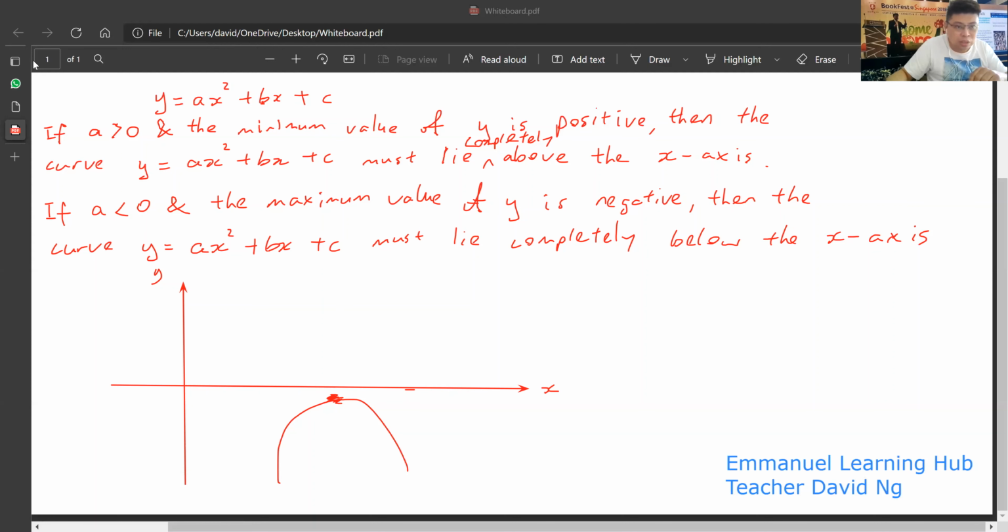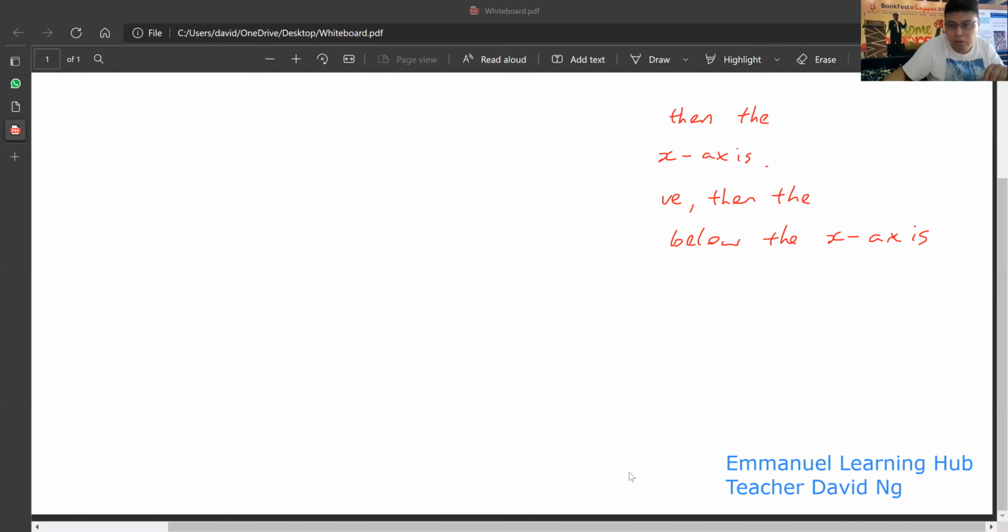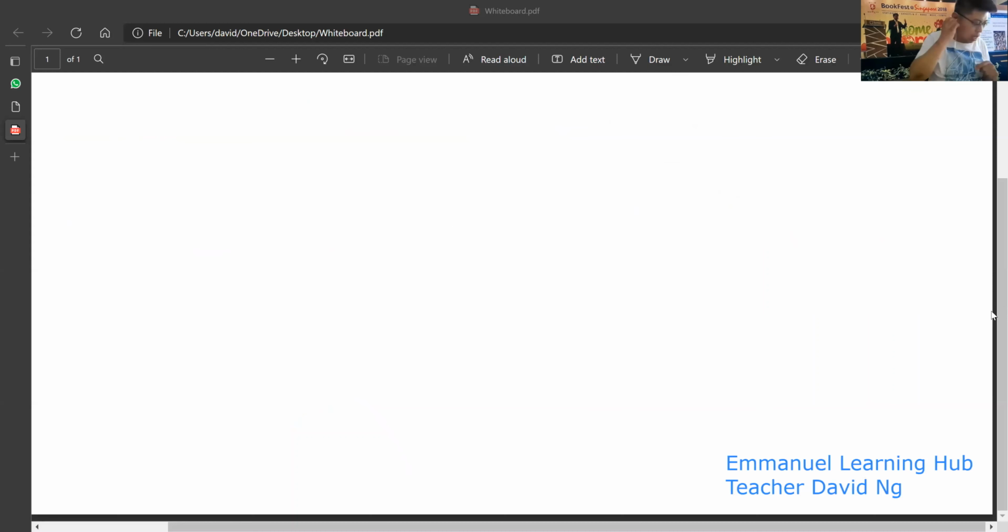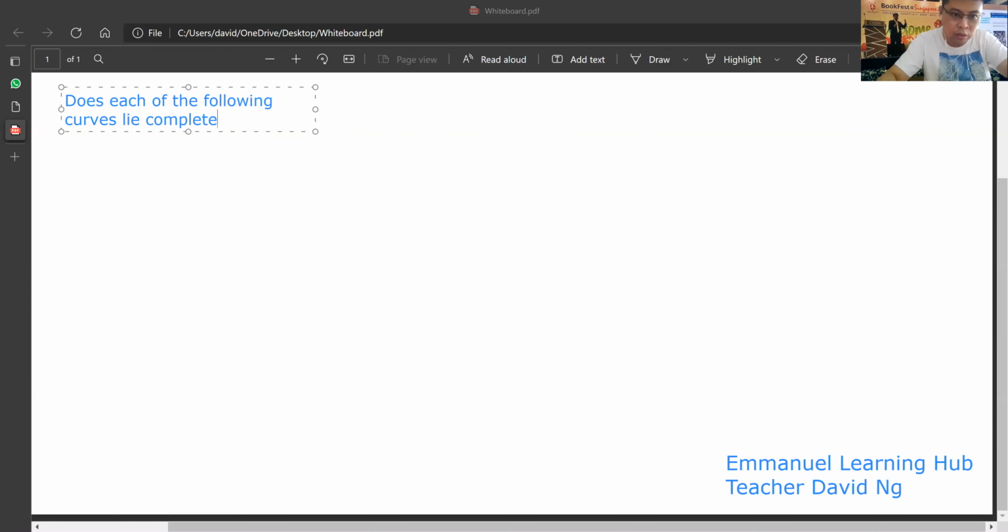Okay, and then we'll do some questions. Does each of the following curves lie completely above or below the x-axis?